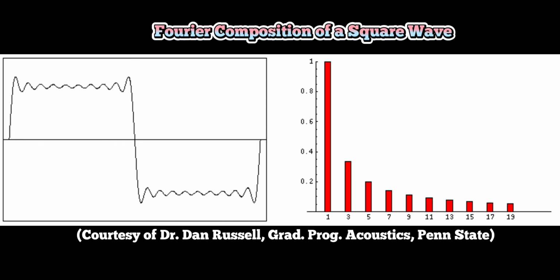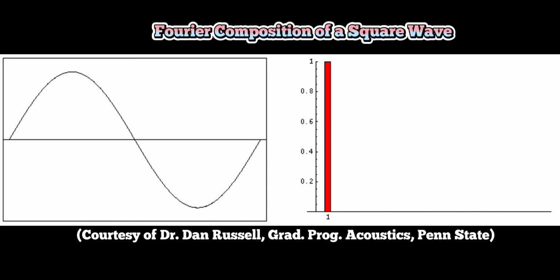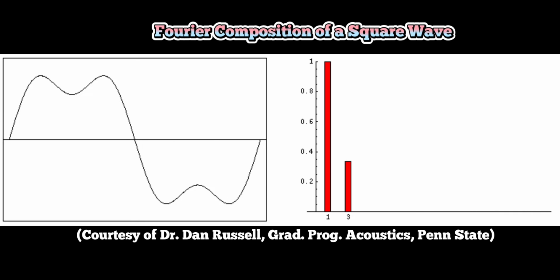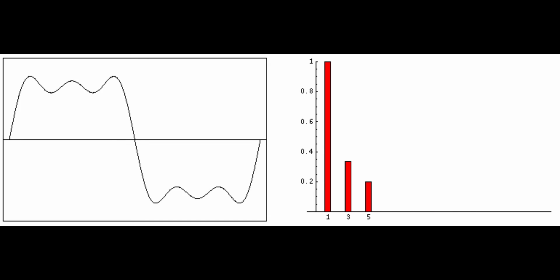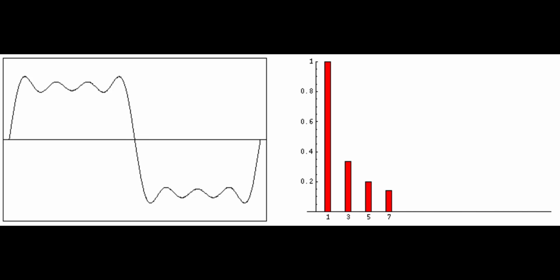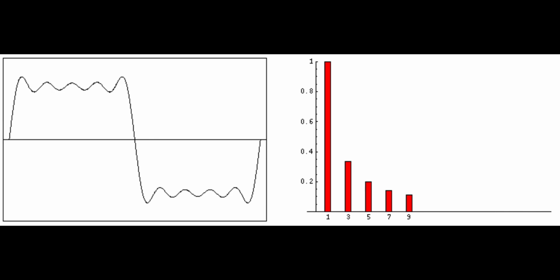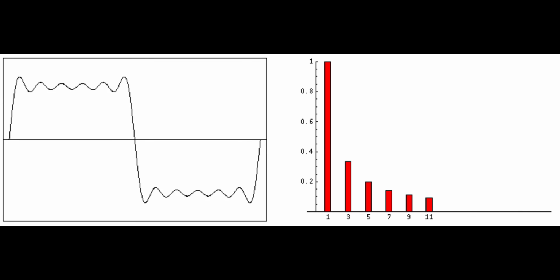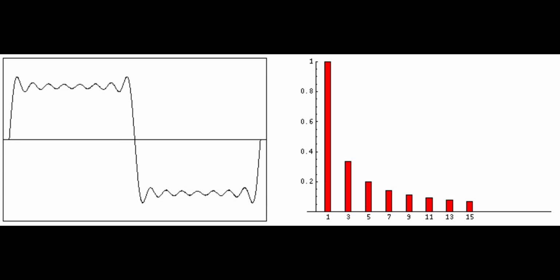We have here an example of a Fourier composition of a square wave courtesy of Dr. Dan Russell. Shown on the left part of the image is the time domain signal of the square wave. It can be denoted as a small letter f of t, x of t, or also s of t.